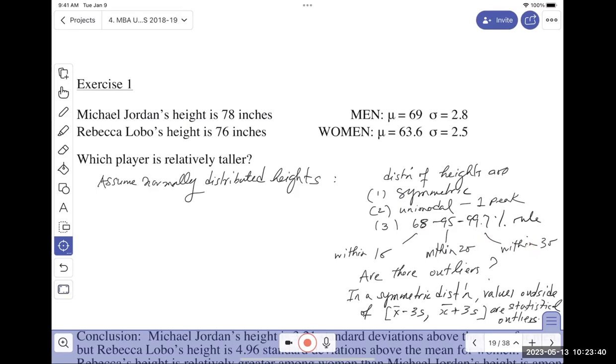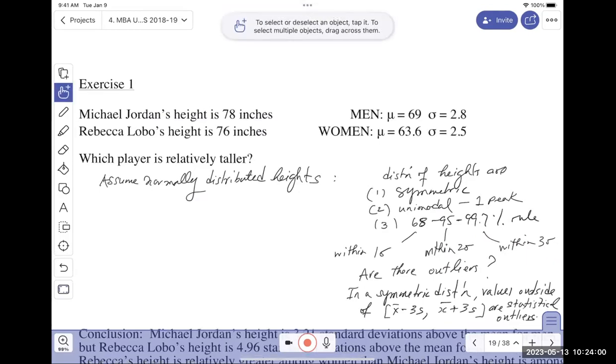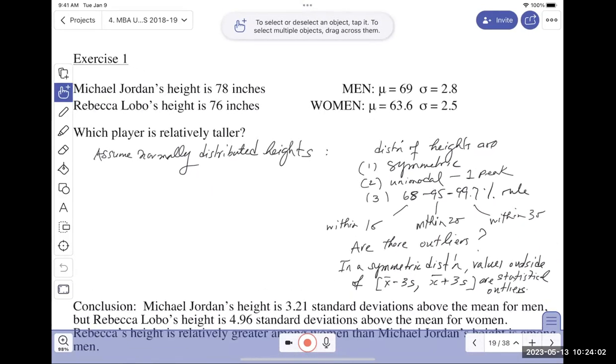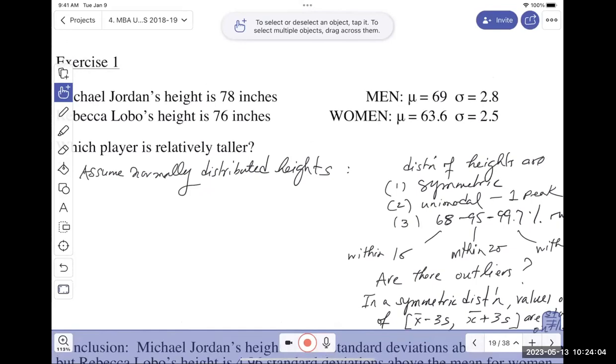So are there outliers? Well, how much is outside of 3? The answer, I want to cover this.